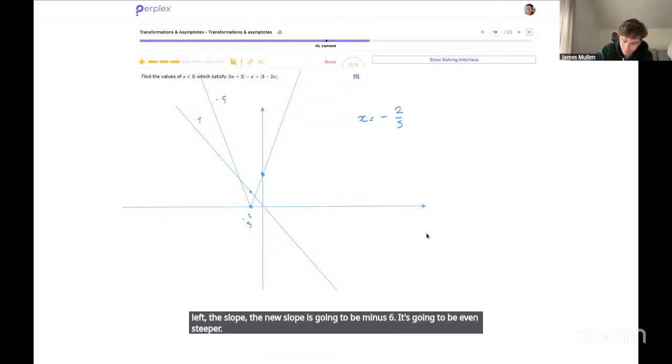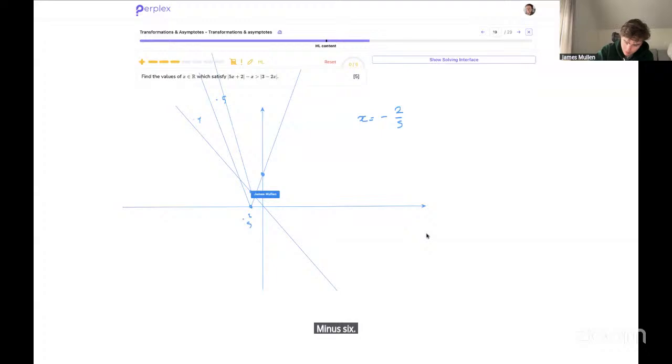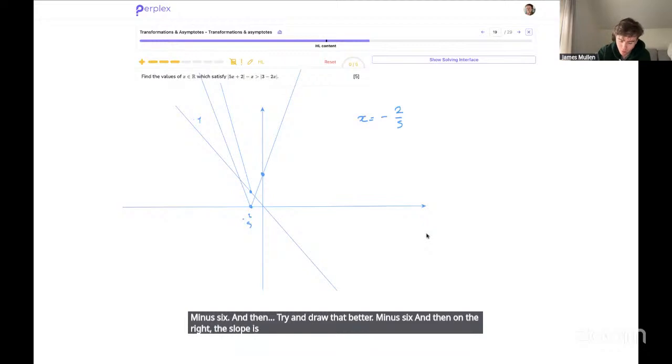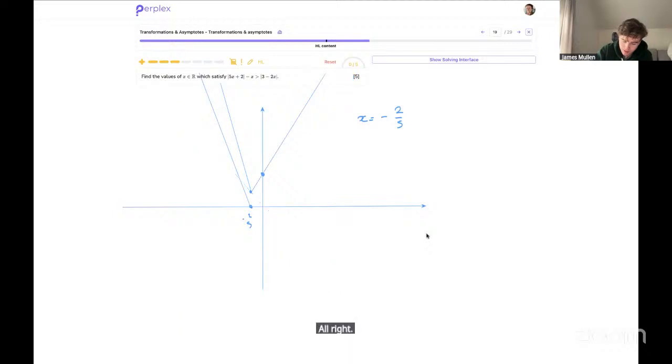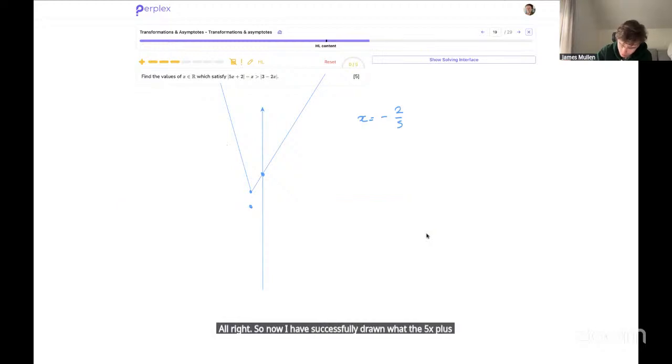And on the right, the slope is +5 and -1, which is 4. So it's going to be like this. Now I have successfully drawn what 5x plus 2 minus x looks like. And this, by the way, is still -2 over 5.